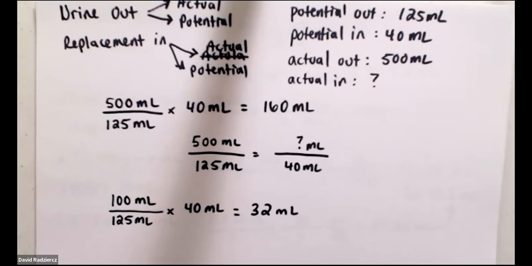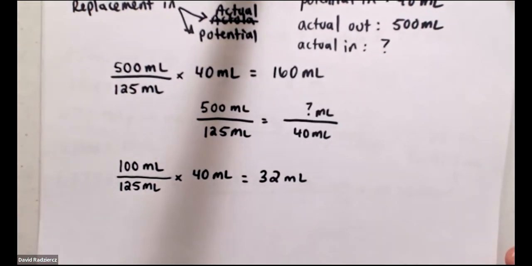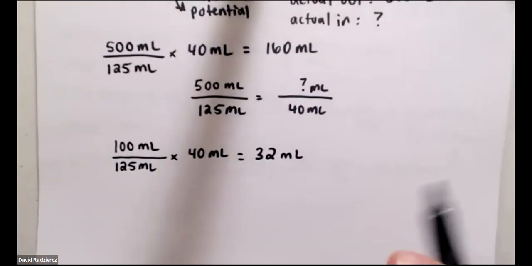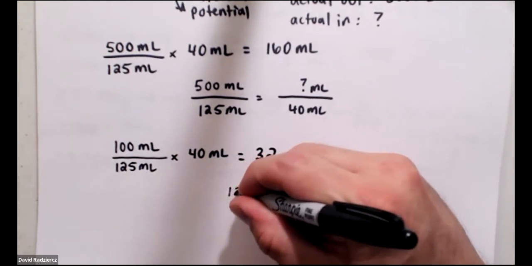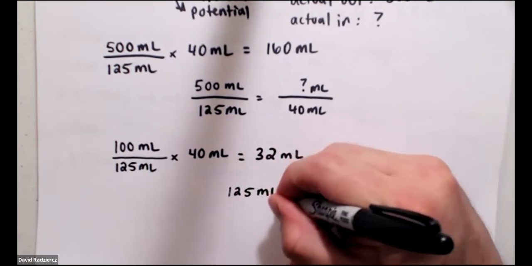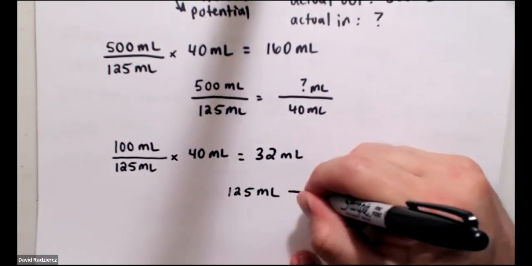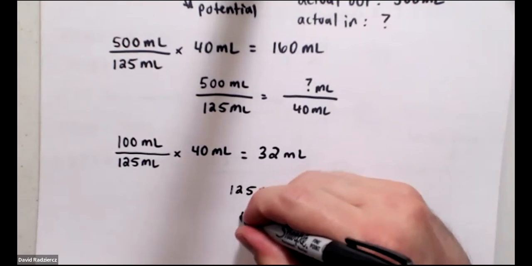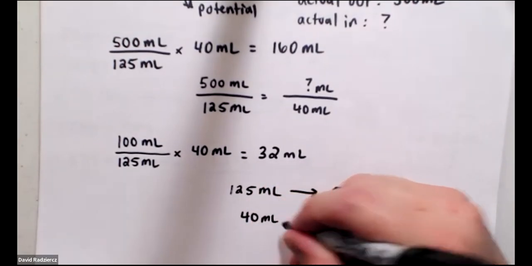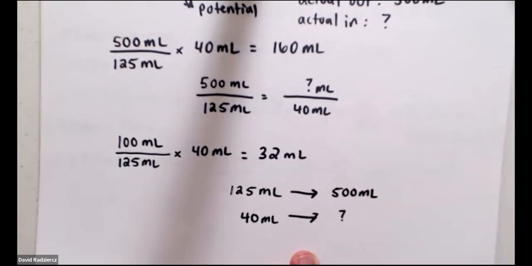Actually, I can write that out. So this is basically what I said. If I know that my original output is 125 milliliters, and I'm comparing that to my actual output of 500 milliliters, and then my original replacement volume is 40 milliliters, and I'm going to compare that to the same difference.